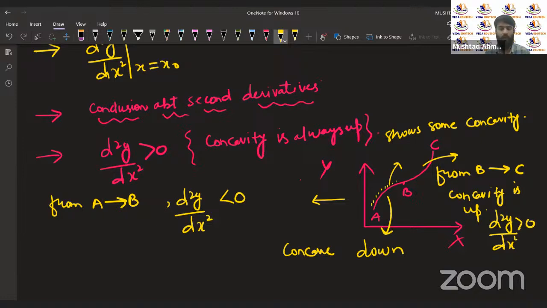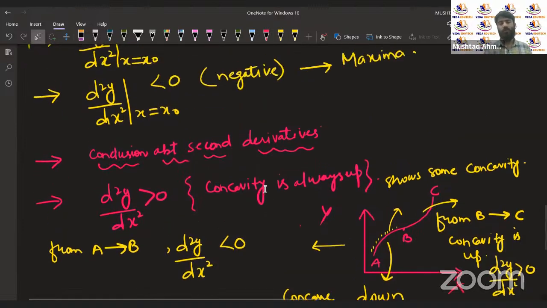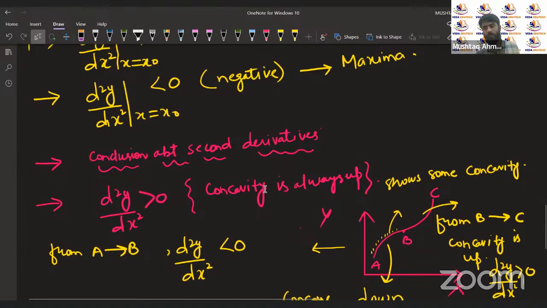So these are the two important conclusions about the second derivatives. The first important point about the first derivative is that it tells us the slope of a tangent on a curve at a particular point.